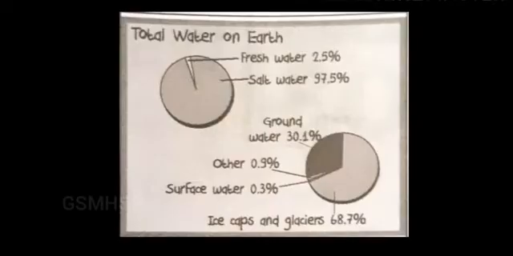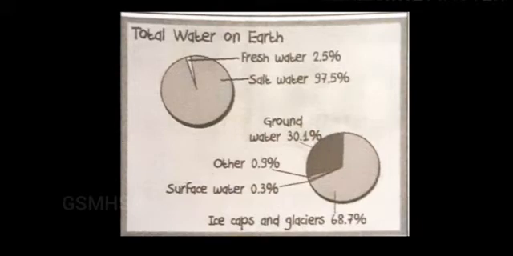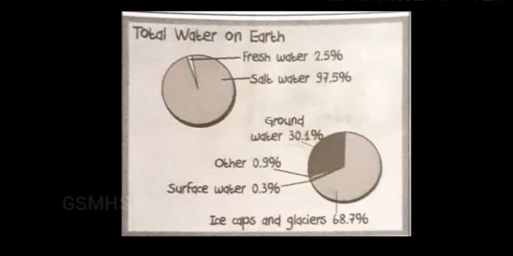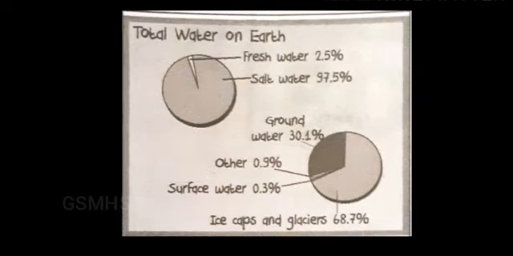Next, you will learn about how the water is distributed on Earth. A large part, around 71% of Earth's surface, is covered by water in the form of oceans, seas, lakes, rivers, streams, canals, and ponds. Water also exists as groundwater.